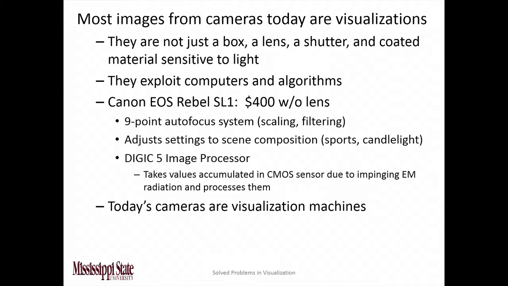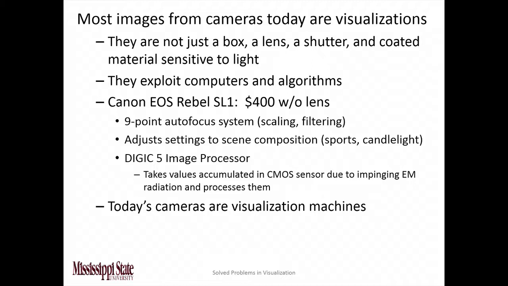This one camera comes with an image processor. I tried to look up the MIPS or MOPS or megaflops in the processor, and couldn't even find it. There's so much computational power in there to do so many different things now. Now, what does that processor do?